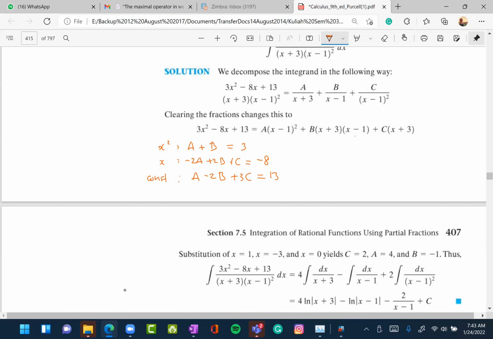A plus b equals 3, correct? Oh, I put in the wrong method.